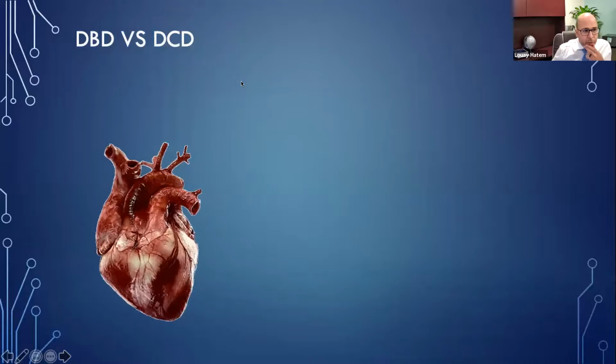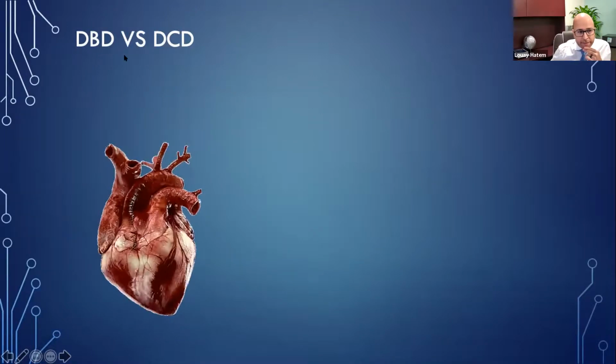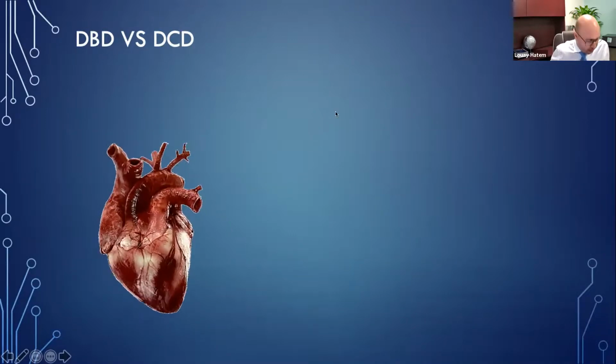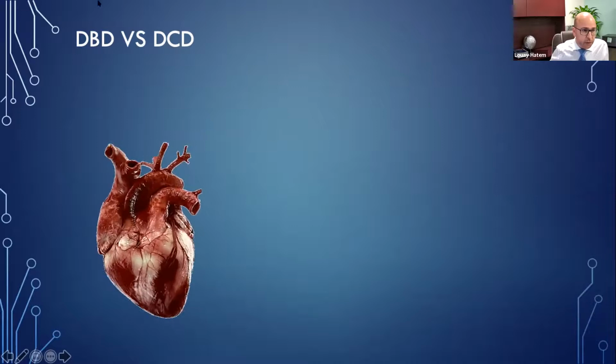Okay, we'll talk a little bit about the difference between donation after brain death versus donation after circulatory arrest. The majority of donation, especially pediatric donation, happens through donation after brain death, almost 92% of pediatric donation.